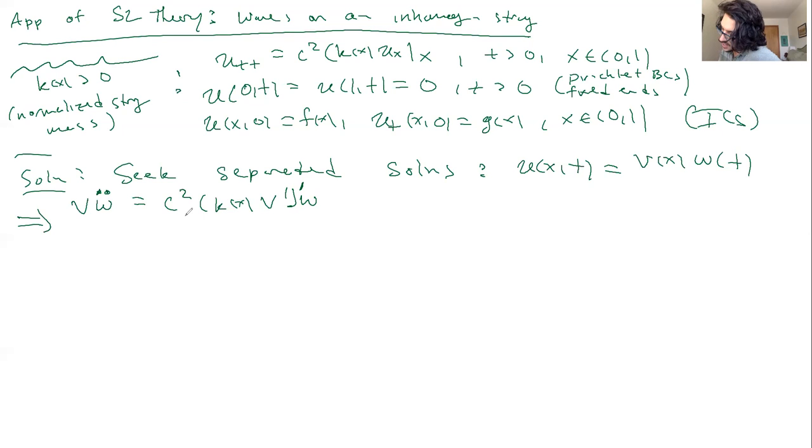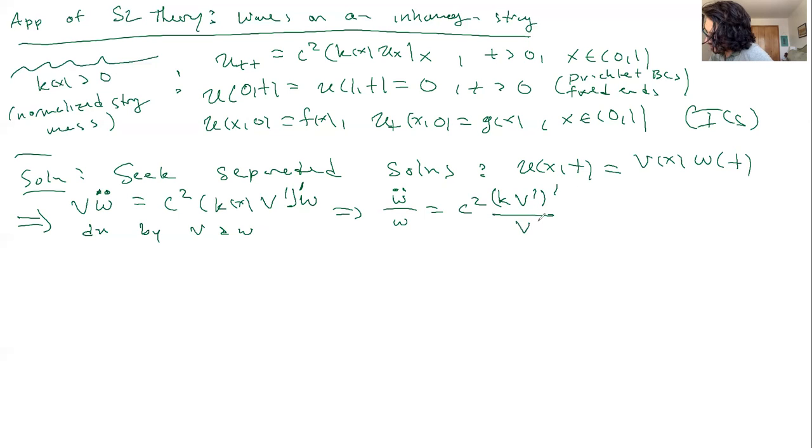And if I divide by v and w, then I can write this as w double dot divided by w equals c squared k v prime, prime divided by v, okay?